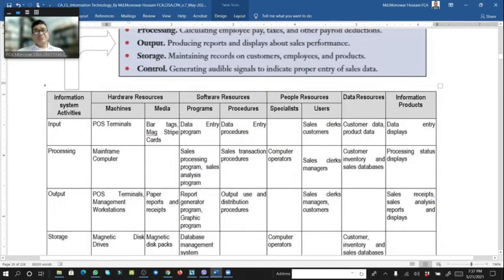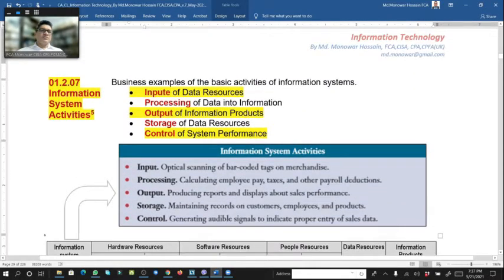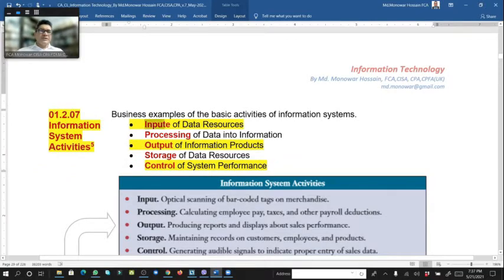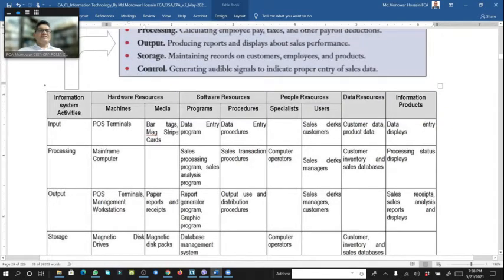People resource, specialist and user. Data resource and information product. And on the left side: input, processing, output, storage, control. So the left side is the information system activities, and the header is the information system resource.